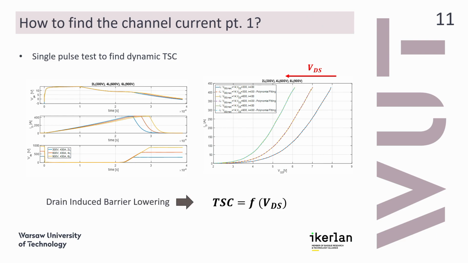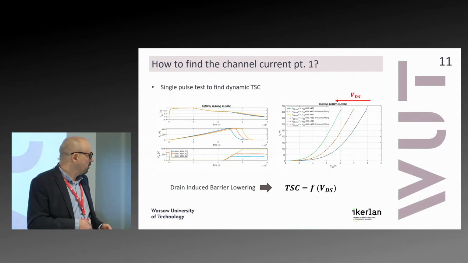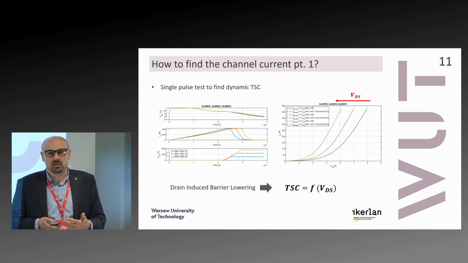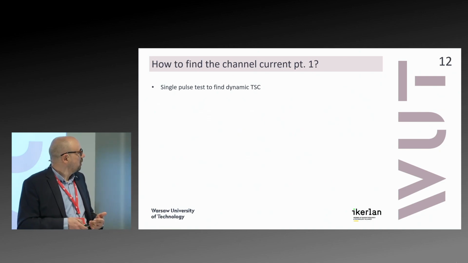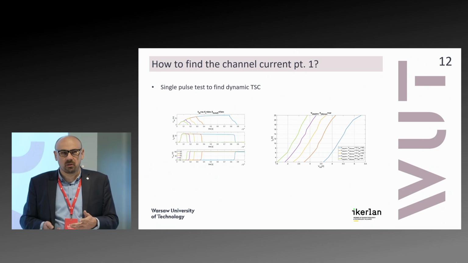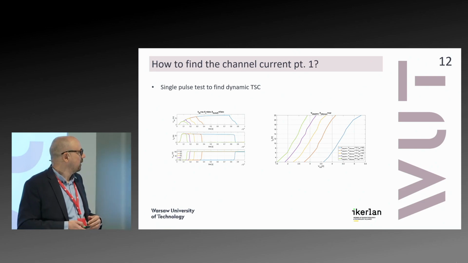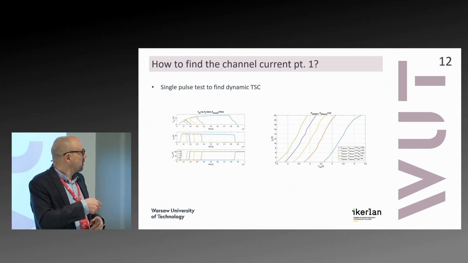This is most likely because of the drain-induced barrier lowering. So we have a dependence on the drain source voltage. The other thing, mentioned before, is charge traps below the oxide. Here you can see the pulse with the resistive load.